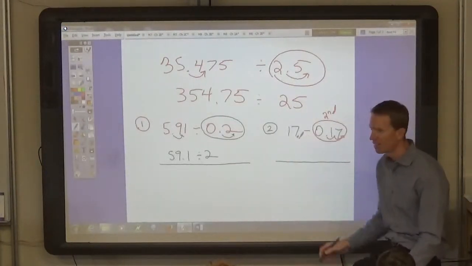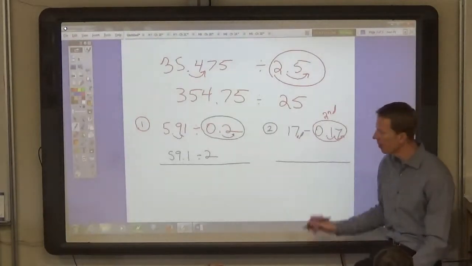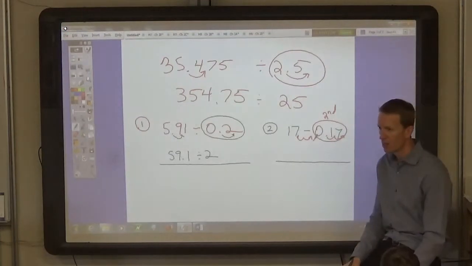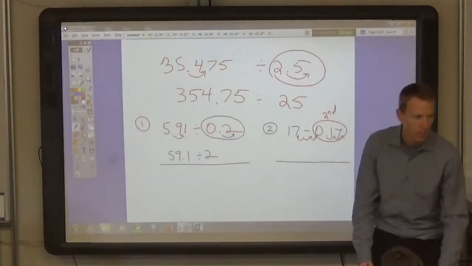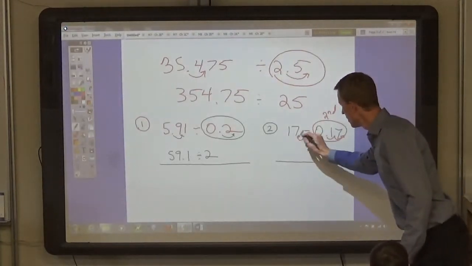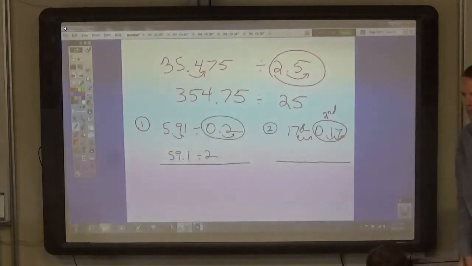And 17 is a whole number, but we have to move the decimal point in 17 over. Since 17 is a whole number, the decimal point would be 17.0, right? We're going to have to add 2 zeros to that number to make it bigger.